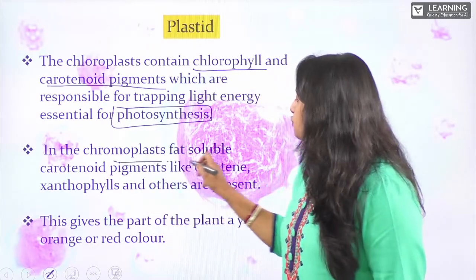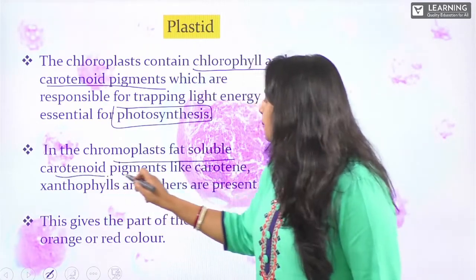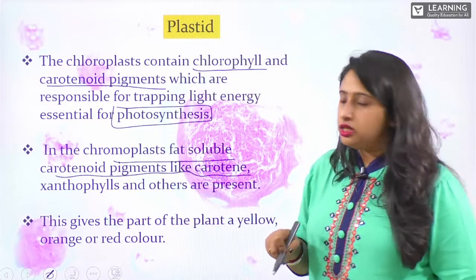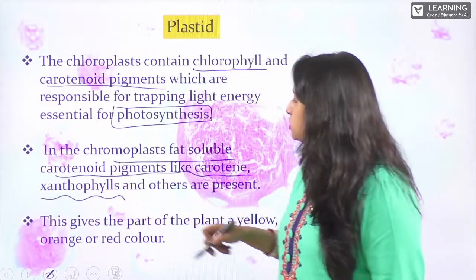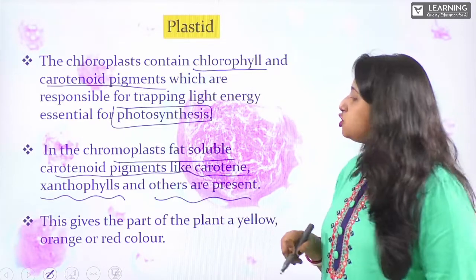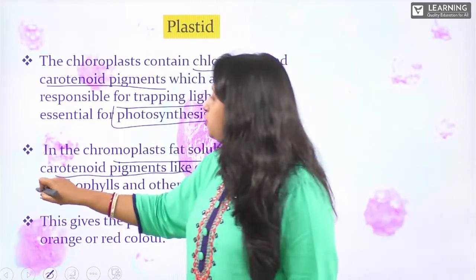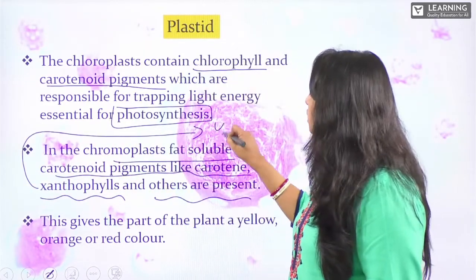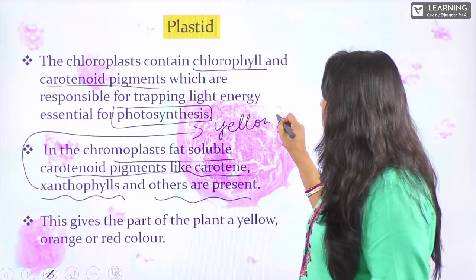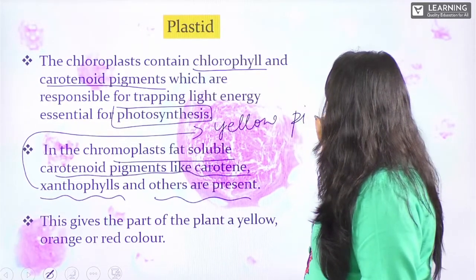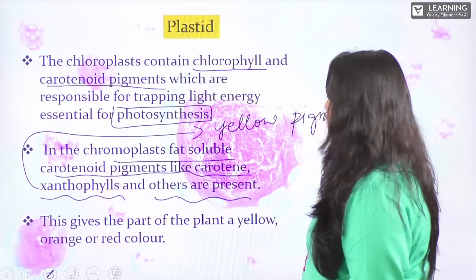In the chloroplast, fat soluble carotenoid pigments like carotene, then xanthophylls and others are also present. Xanthophyll is a yellow color pigment; it provides yellow color to the plants.